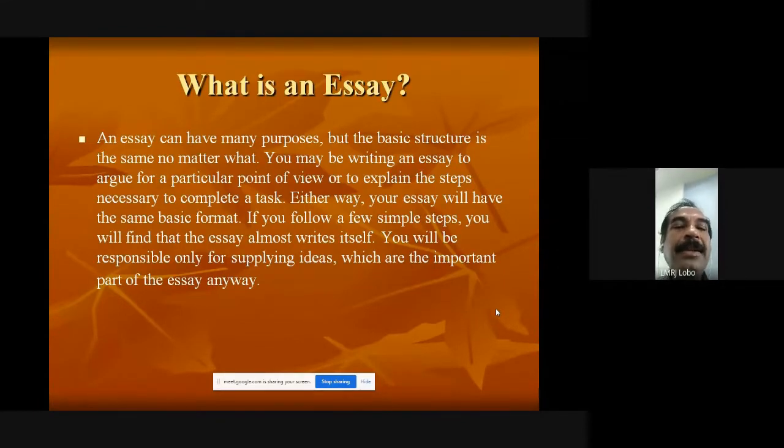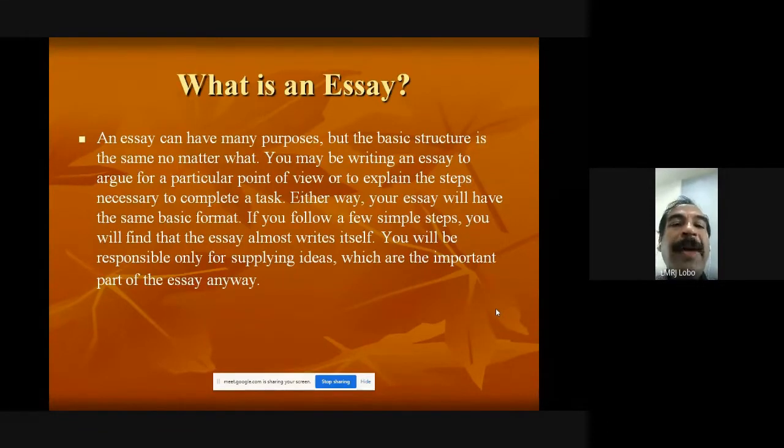This means that an essay can have various topics, and you may be writing an essay to argue for a particular point of view or to explain the steps necessary to complete a task. Whichever way you express your thoughts, your essay will have the same basic format.